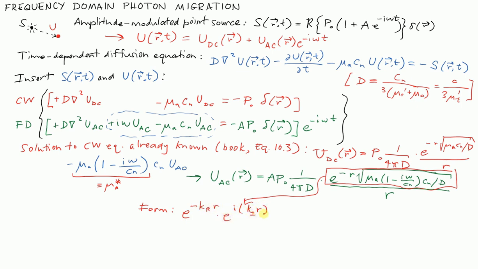So this first term here is going to be amplitude decay. I'll write that amp decay. And this second term here, that's going to be phase accumulation.